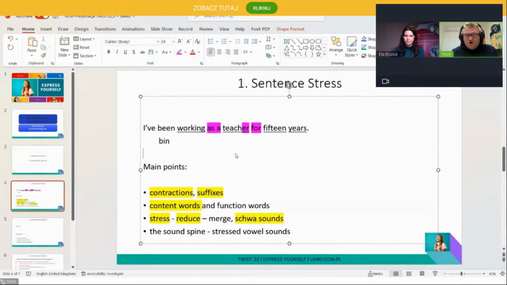So instead of four, we're not saying four. Four is a number in English. We're saying f. And we're not saying R with the Polish teacher. It's teacher. I've been working as a teacher for 15 years.